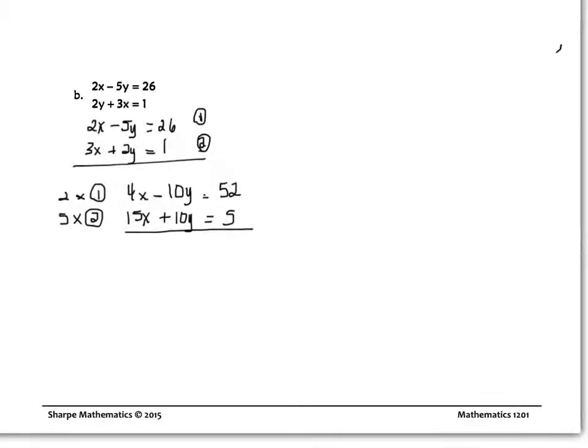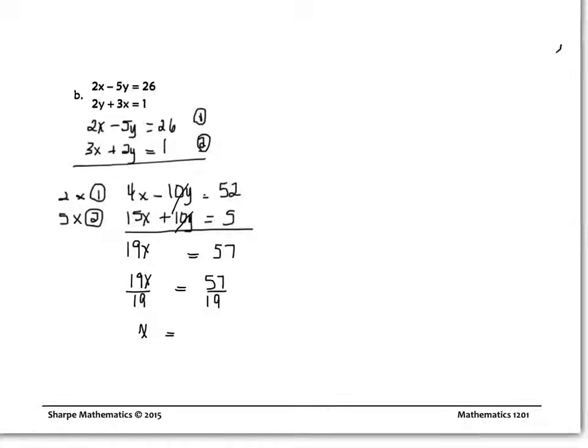So I'm going to add those two lines together now, and I'm going to get 4x and 15x is 19x. Negative 10y and positive 10y are going to cancel each other out, so there's no y's. We've eliminated the y's. And 52 and 5 is 57. So then I want to isolate x by dividing both sides of the equation by the number in front of x, which is 19.